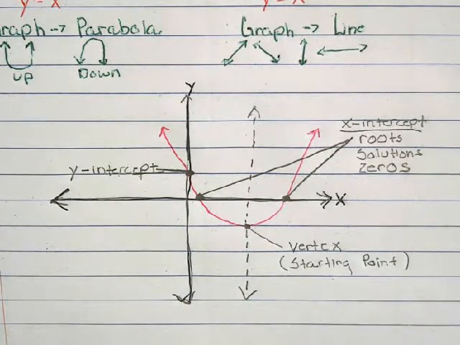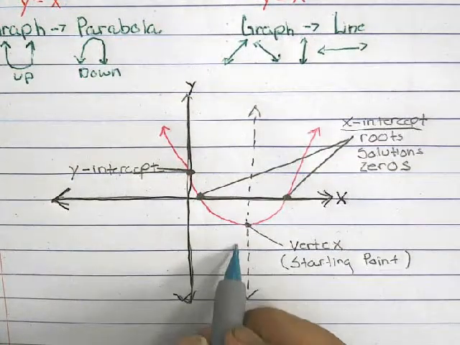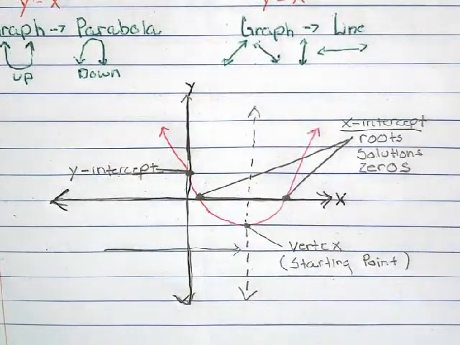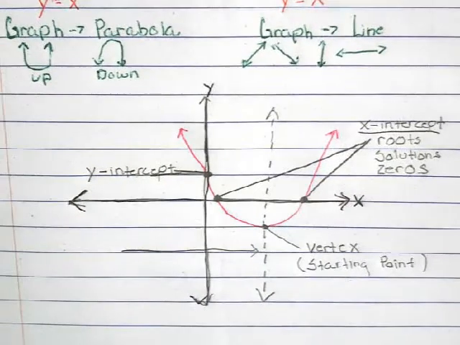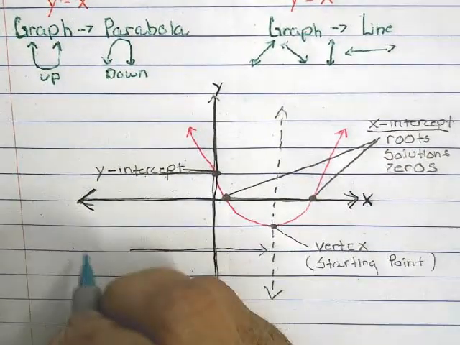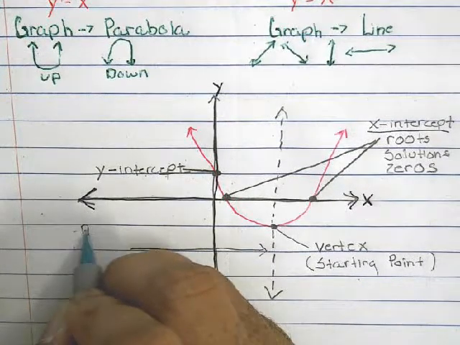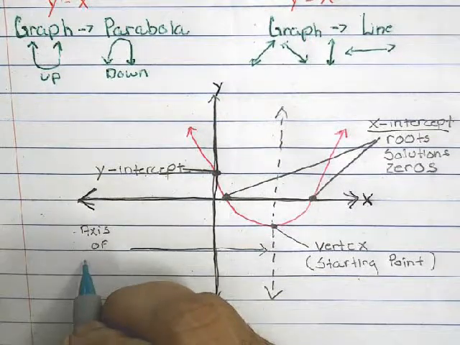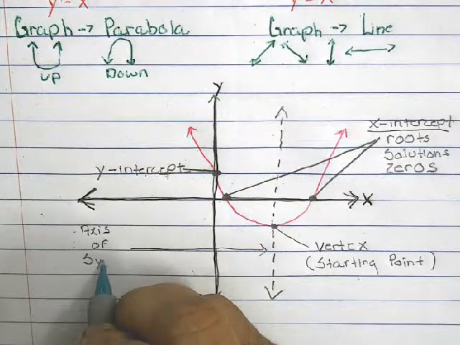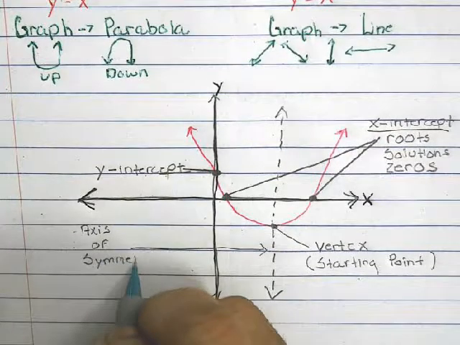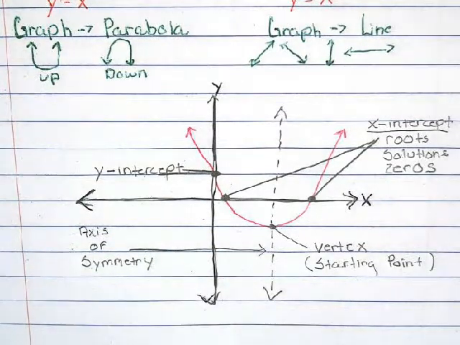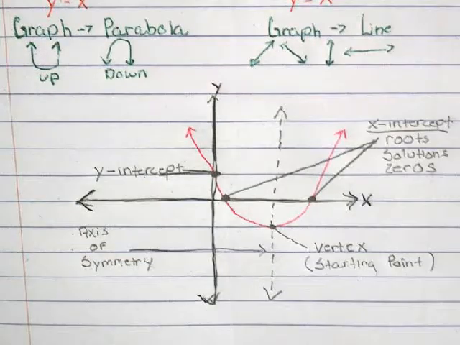That dashed line right there, and y'all did this last year, it's called the axis of symmetry. The axis of symmetry. Now, here's what the axis of symmetry does.